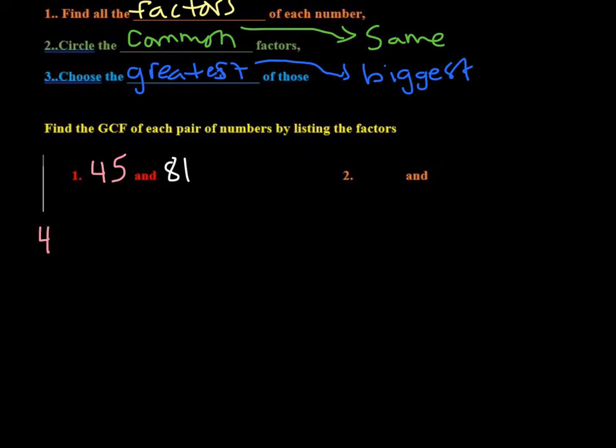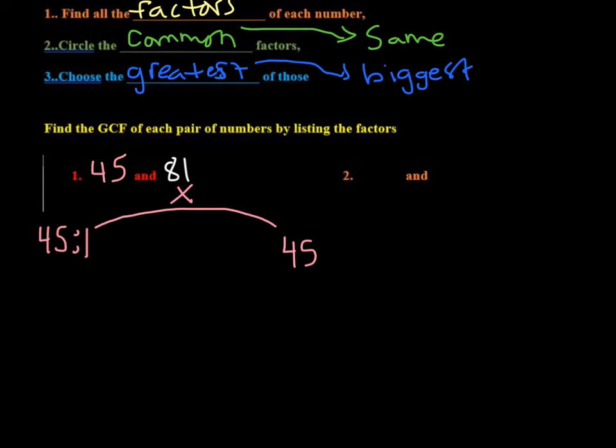Alright, so 45. The way the rainbow method works is you're going to find numbers that multiply to get you to 45. So we know that 1 times 45 is 45, so I'm going to draw a rainbow. We know that 2 is not a factor of 45 because the last number is not even.